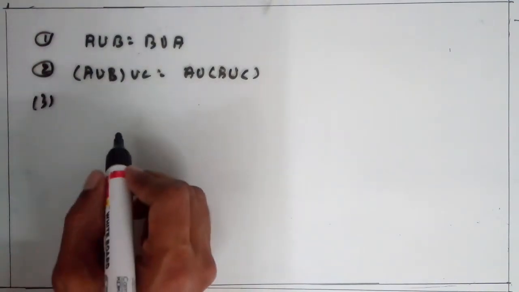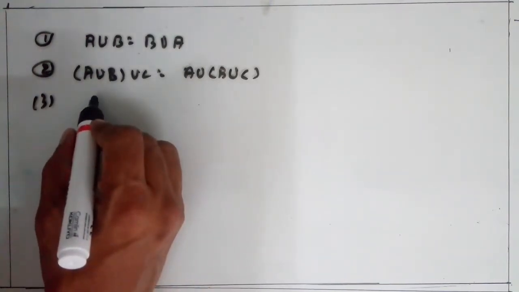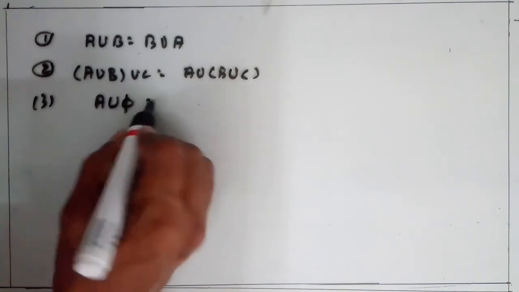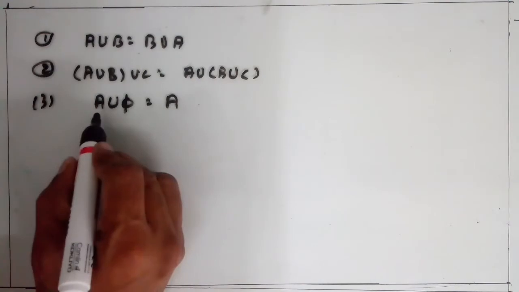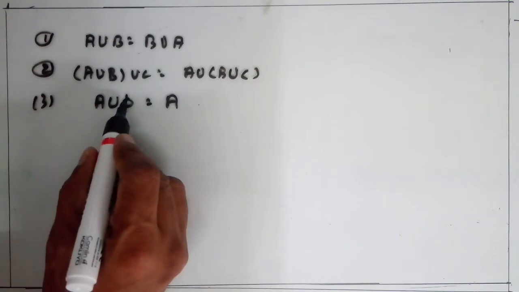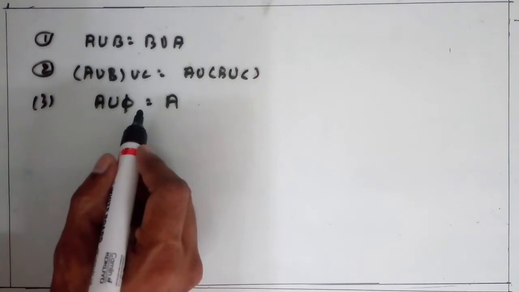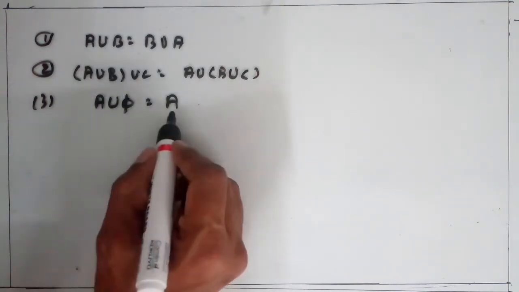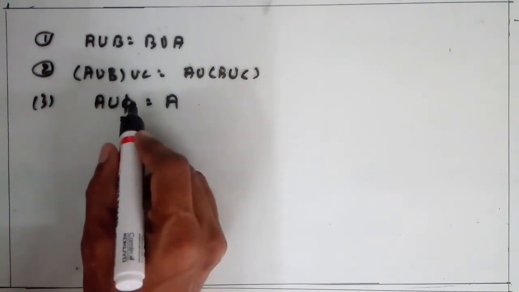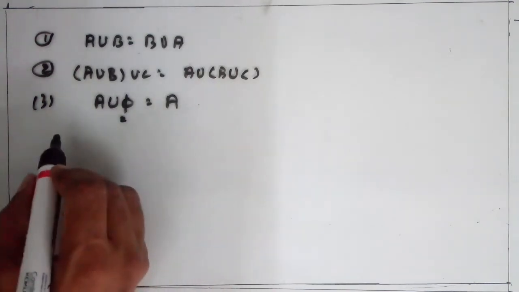Now third, identity for the union operation. If we take the union of A and the null set, we get A itself, because the null set does not have any element. So the union of A with the null set becomes A itself. So the null set in this case is called the identity. That is, the null set is the identity for the union operation.